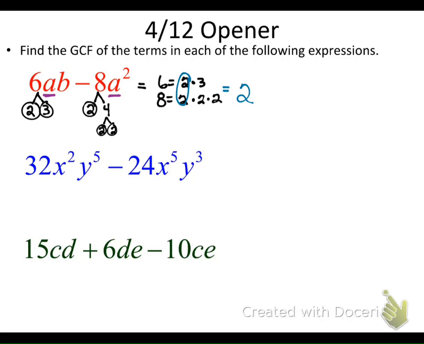If you have a and a squared, which one's smaller? a, because a is like saying a to the first. Now, do they both share a b? No, they don't have that in common, so it's not part of my greatest common factor. So the greatest common factor for the two terms is 2a.